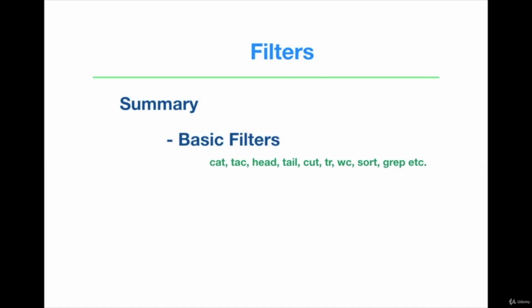These are filters used for reading a file, processing some lines from the file, etc. And then some more advanced filters like sed and awk. This is a complete language in itself. A lot of options are available in sed and awk to completely process text files in Unix. That's all in this module called filters.